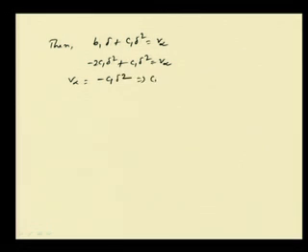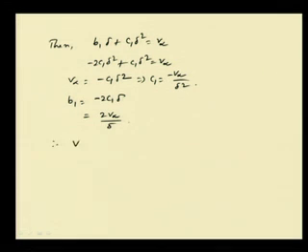This implies C1 is equal to minus V infinity by delta square, and B1 is equal to minus 2 C1 delta, and that is equal to 2 V infinity by delta.